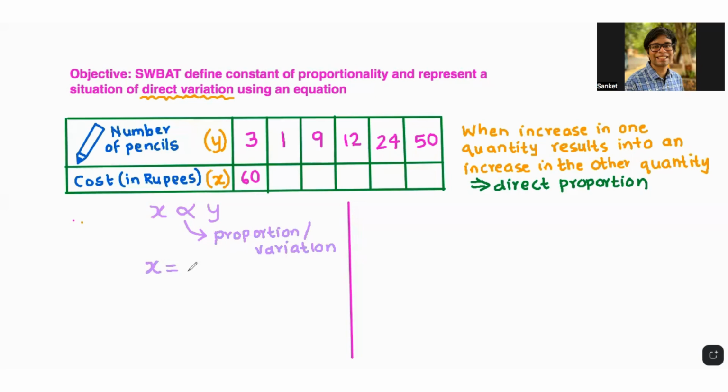I can write this as X is K times Y, where K is called as constant of proportionality.